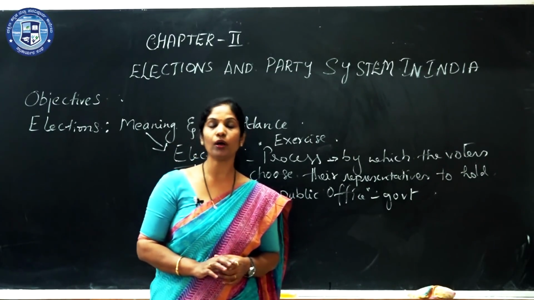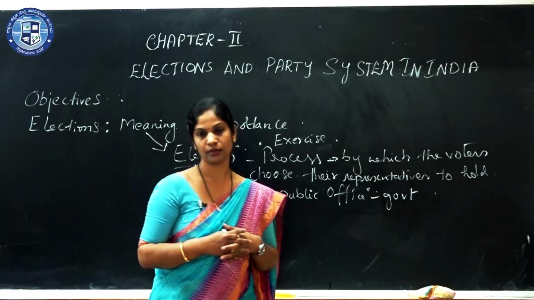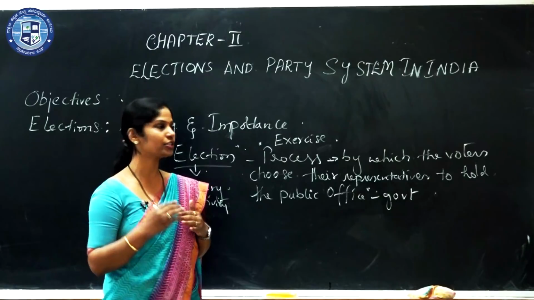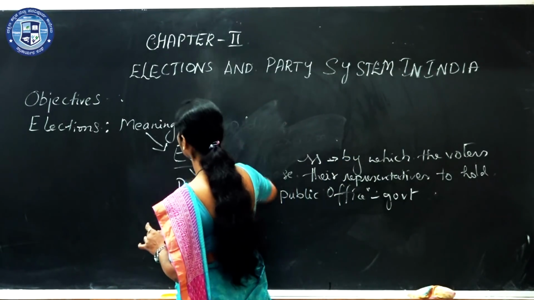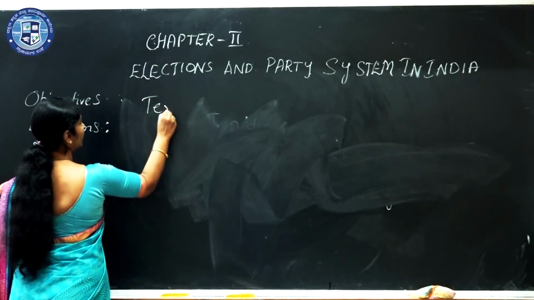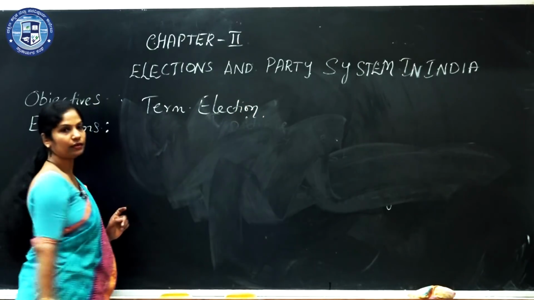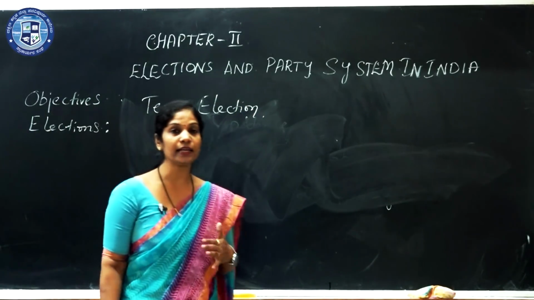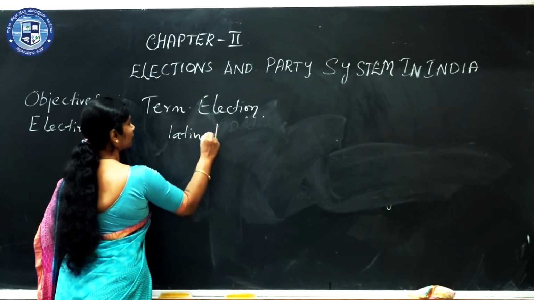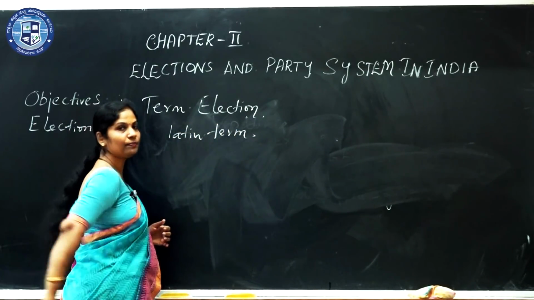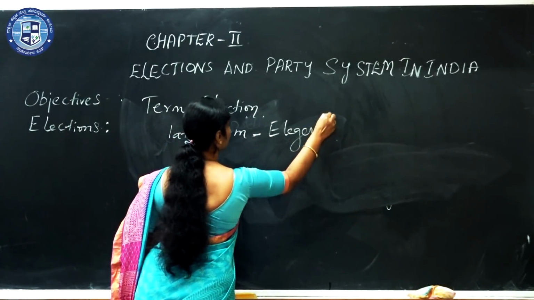Next, we will move on to the meaning of the term election. So, how the term election came into existence, the origin of the term election. The term election has been derived from the Latin term eligere.